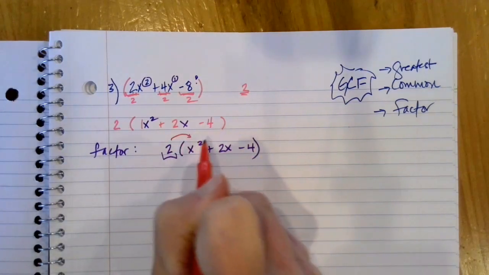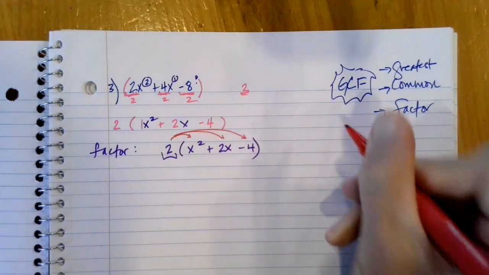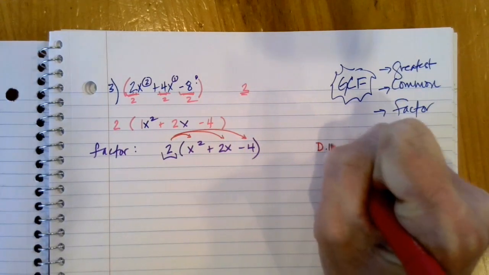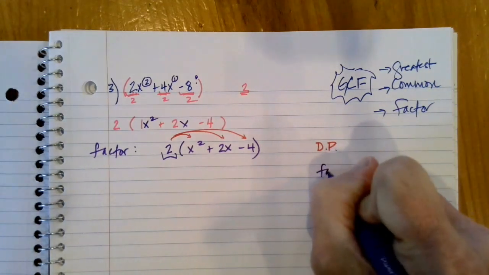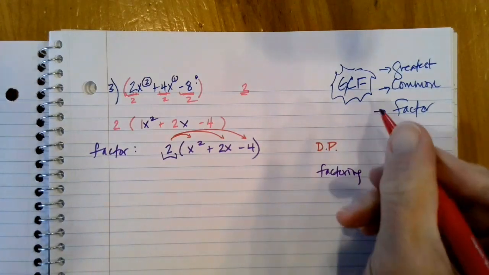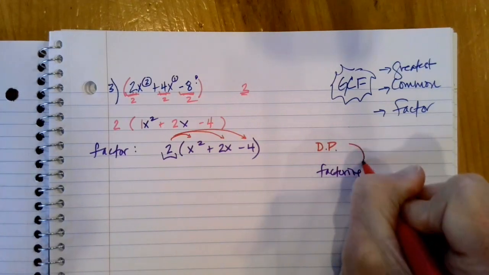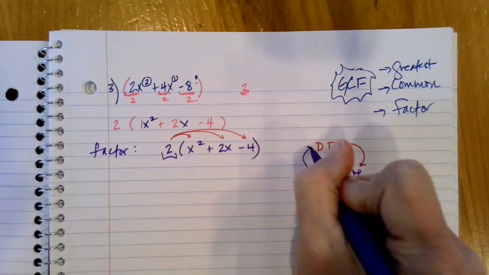If I went back and did the distributive property, that 2 could go back in. In fact, what we learn is the distributive property and factoring are inverse operations, because I can factor something that was distributed, or I could distribute something that was factored.